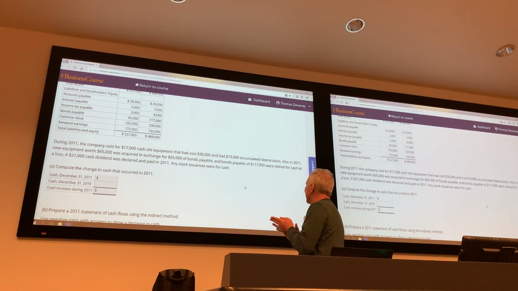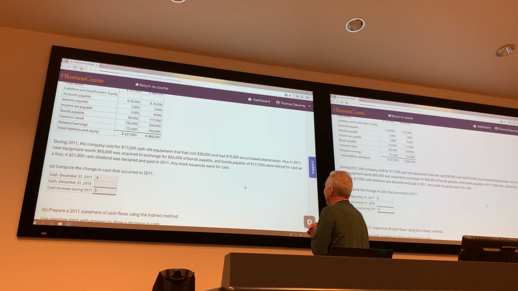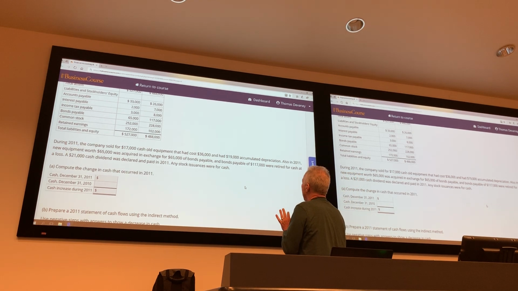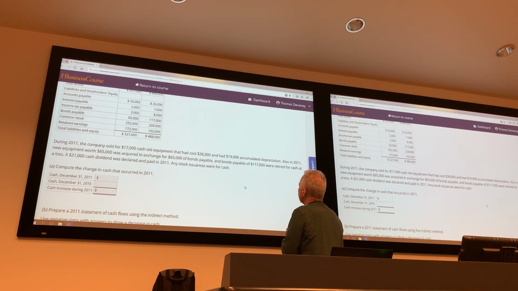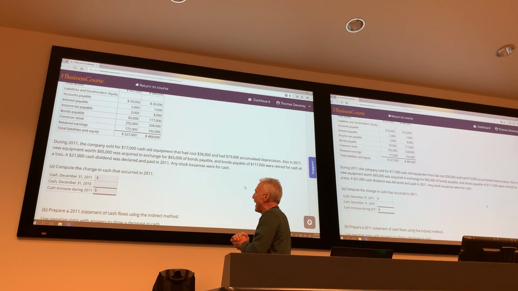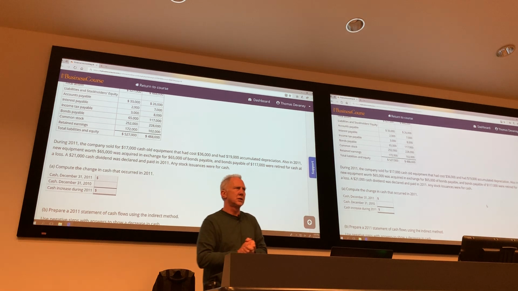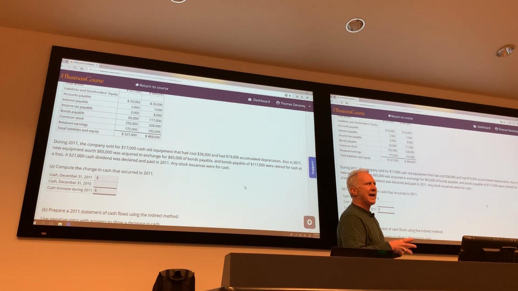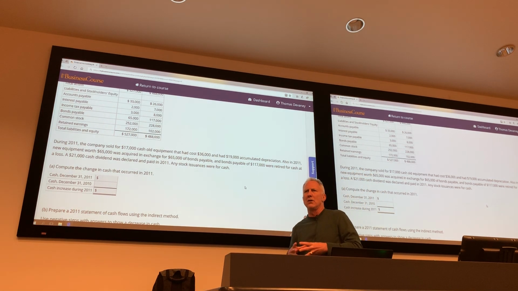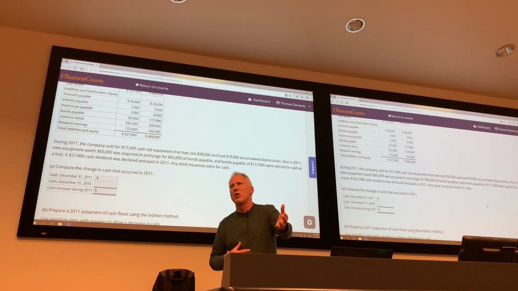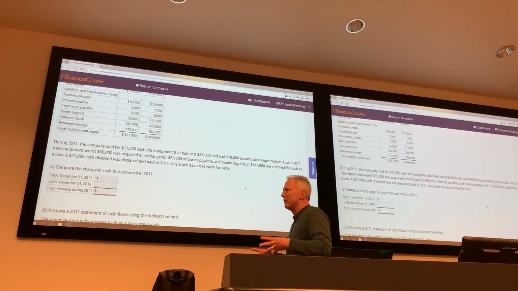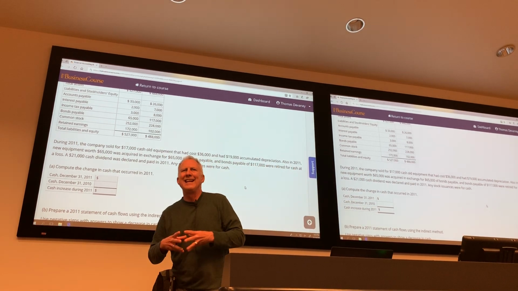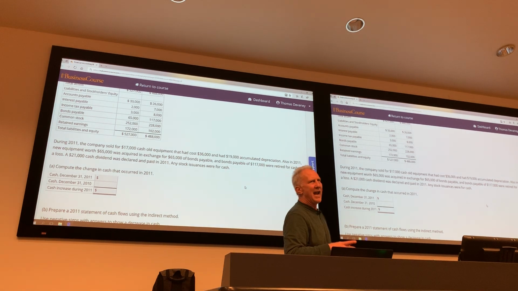The question says bonds payable of 117,000 were retired for cash at a loss. So when we're talking about cash flows, do we care about gains or losses? No, we only care about cash inflows and cash outflows. So in the finance section, we have an outflow for the retirement of this bond, and based on the data given, you have to determine what that cash outflow is.